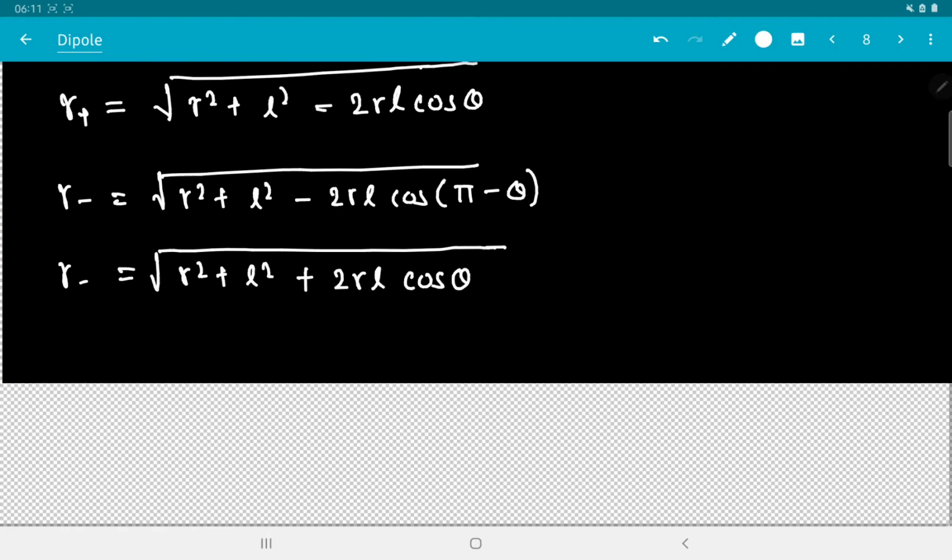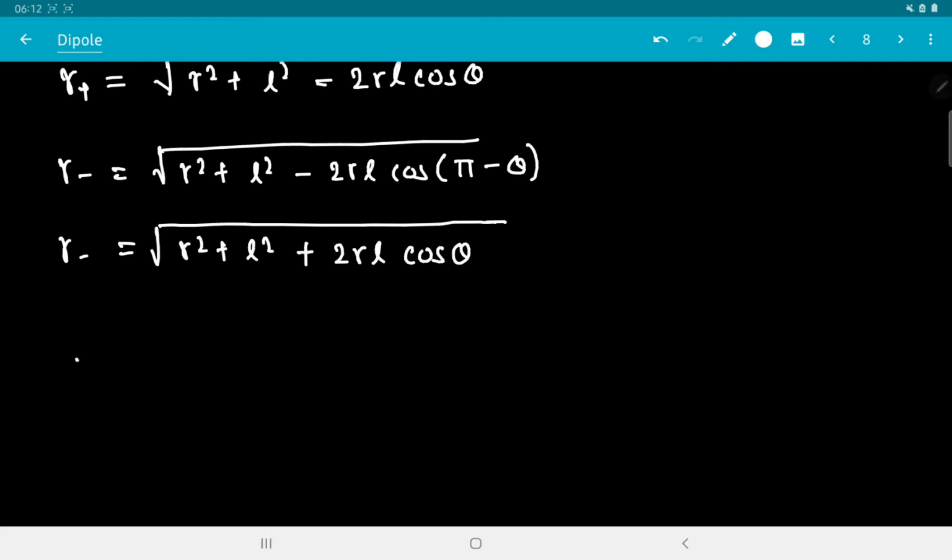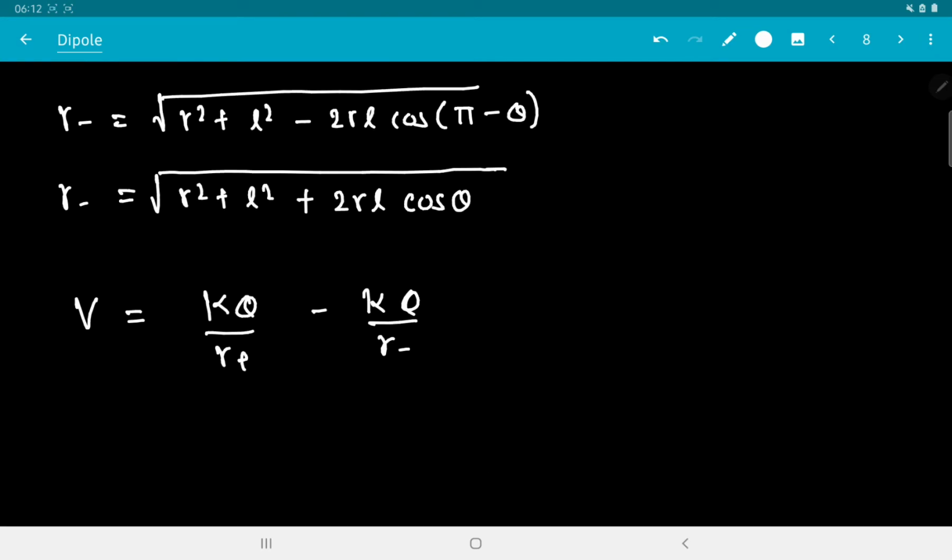So we know the definition of potential. This potential will be kq by r plus minus kq by r negative. So this kq is common in both the cases. We will get 1 upon r plus minus 1 upon r negative. So let us put the values of this r plus and r negative.